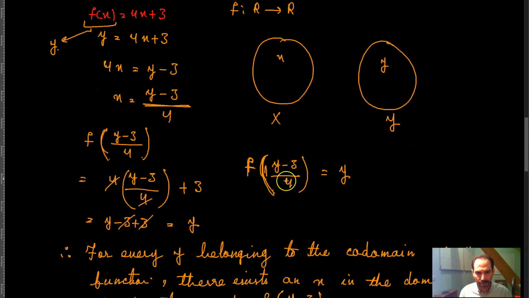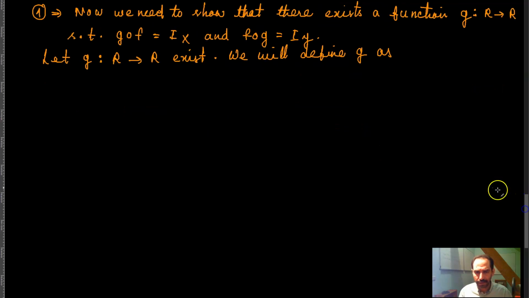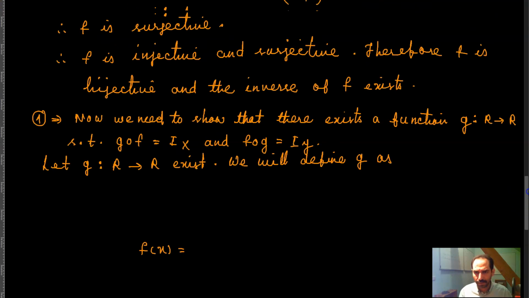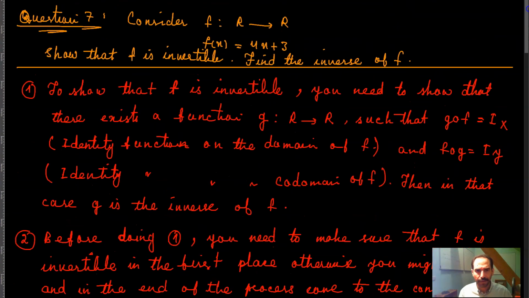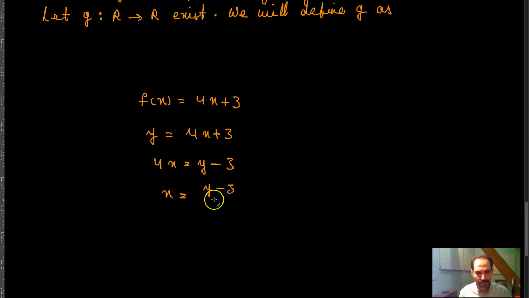Let's see if we can actually use this function here, y minus 3 divided by 4. And the reason is that you know that function f is basically 4x plus 3. Now if I set f of x equal to y, then y is equal to 4x plus 3, which means that 4x is equal to y minus 3, which means that x is equal to y minus 3 divided by 4.